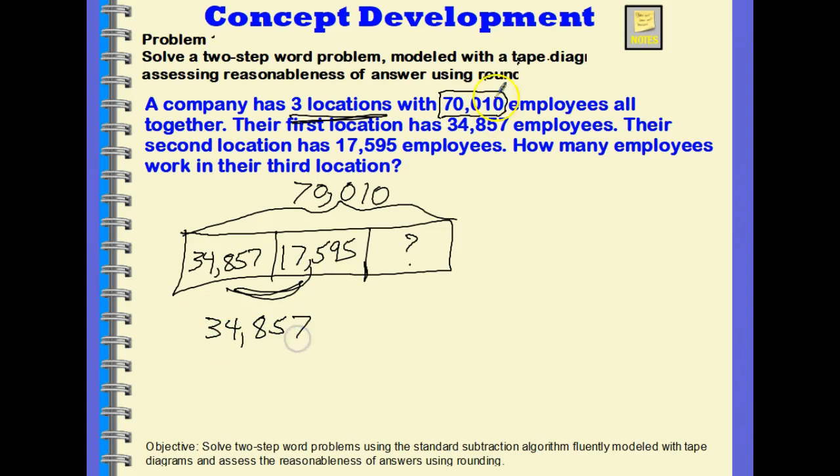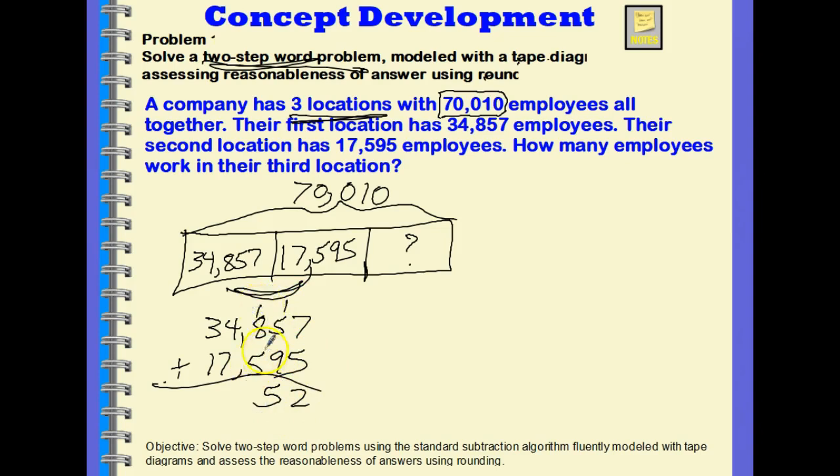So 34,857. This goes to the 2-step word problem issue here, okay? 34,857 plus 17,595. 7 plus 5 is 12. 5 plus 1 is 6. 9 plus 6 is 15.